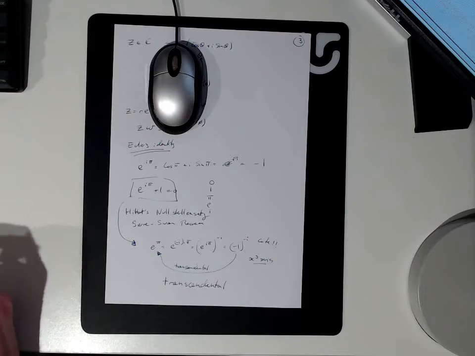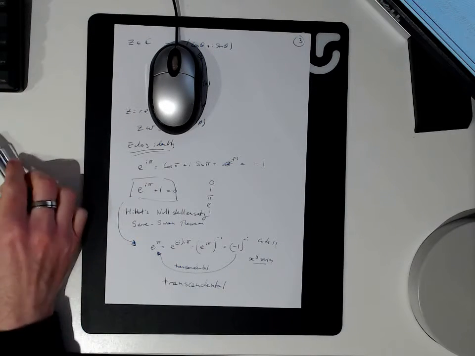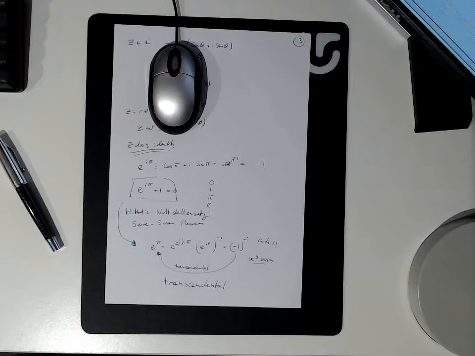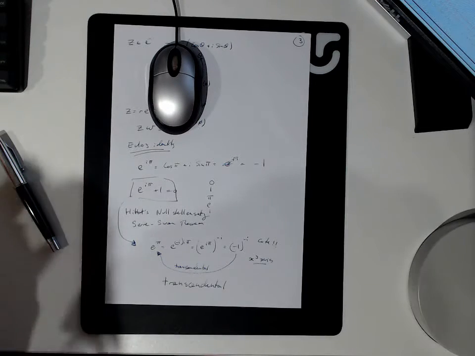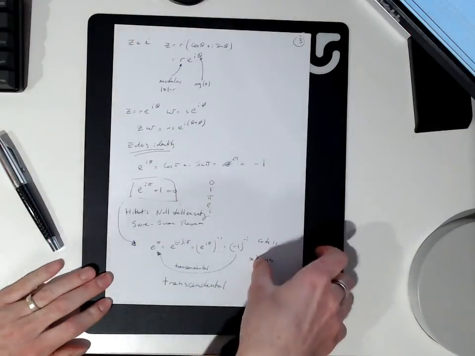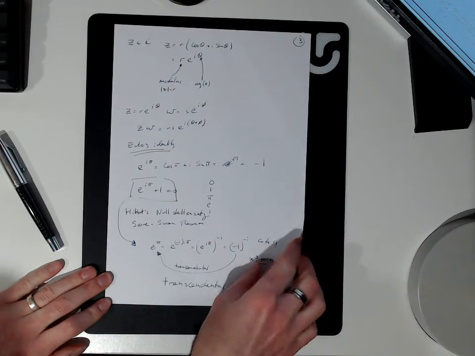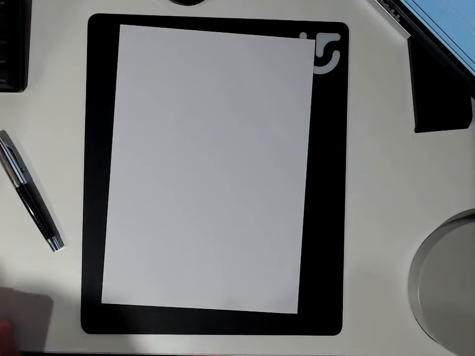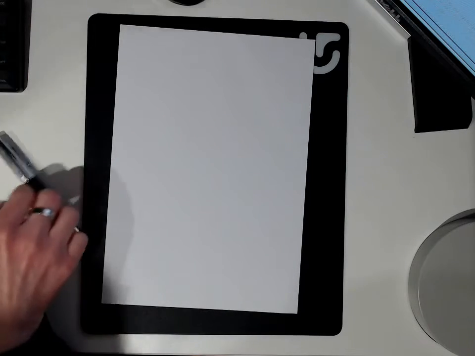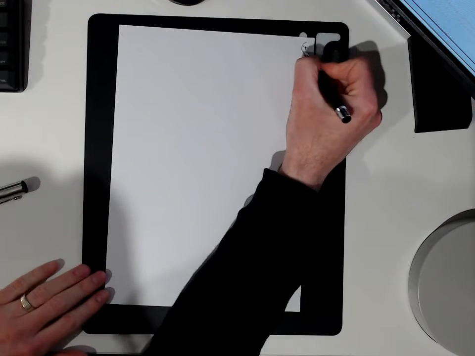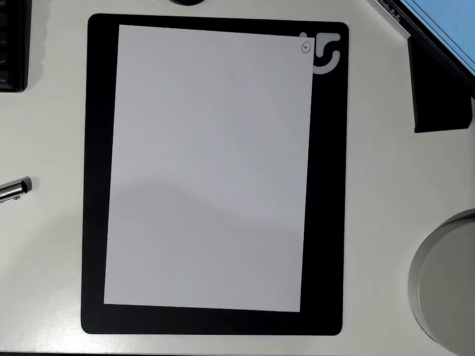So because it's not the root of an algebraic equation, a polynomial equation, that says that somehow it can't be calculated by multiplication, addition, division, and taking roots of things. Which I guess is relevant if you want to, what is it, square the circle, whatever it is. Okay.